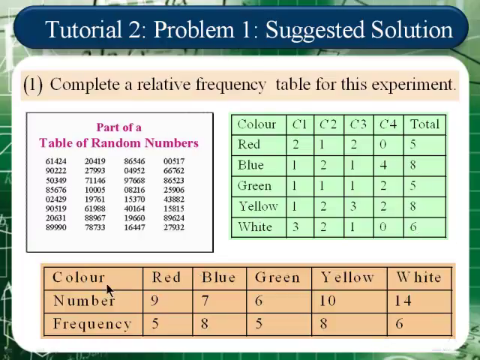So we can now complete this frequency table. There are the colors of the marbles, the number of them in the bag, and this is the frequency or the number of positive outcomes in this particular experiment where we have 32 trials.